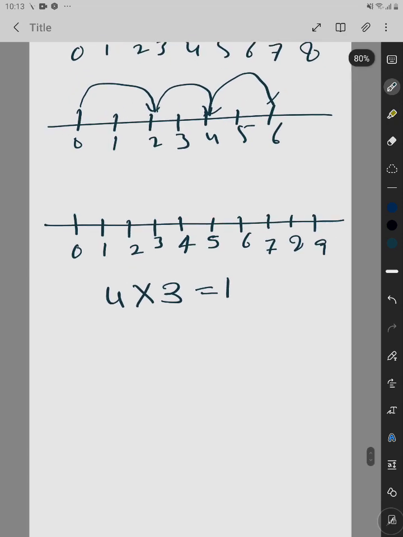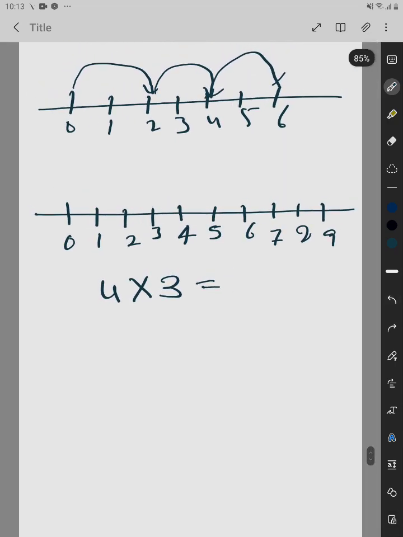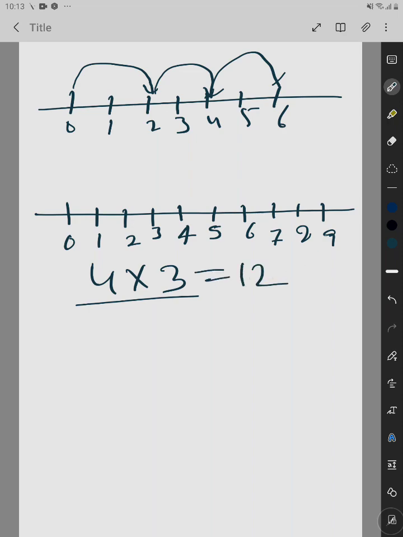If we need to multiply 4 by 3, no, we cannot do it because the number line does not have that many points, so we will need another number line. Let's make the number line again, okay. We will solve 4 by 3, because 4 times 3 is 12, so we need 12 points here.